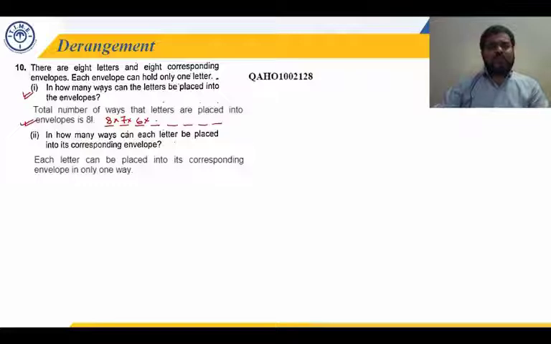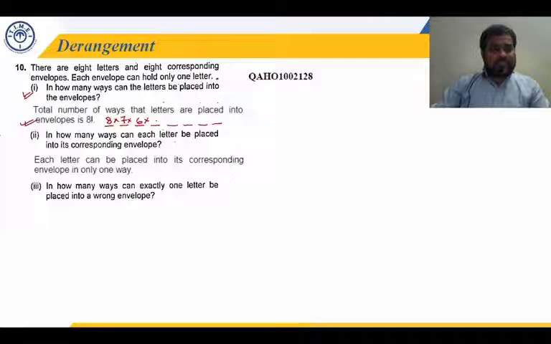You can't shuffle it in any other way. There is only one way of putting each letter into the correct envelope. So putting n objects into n correct places which are designated for them, there is only one way. There is only one way of doing the correct thing.